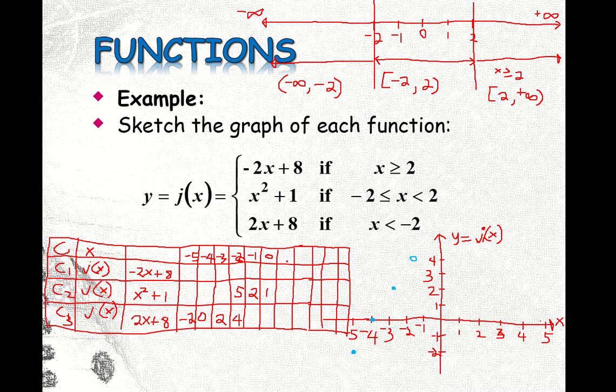Then we have 1. 1 squared is 1, plus 1, so that is 2. Then we have positive 2. Positive 2 squared plus 1 is also 5. Okay, so we're done with this interval. Now let's plot the points.